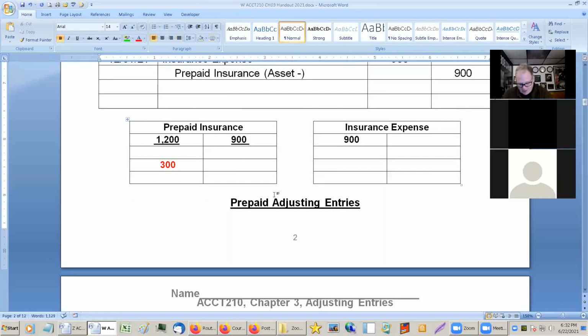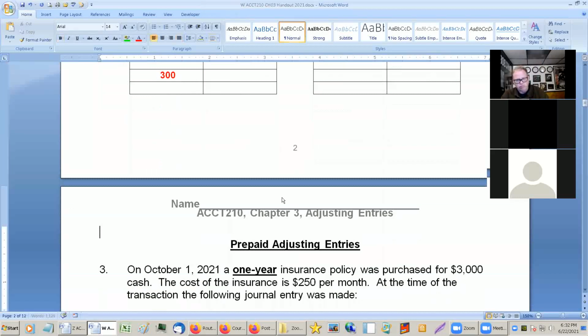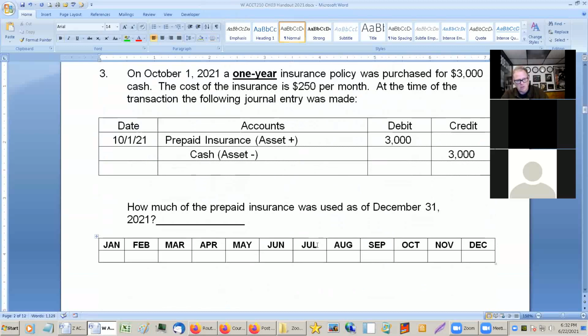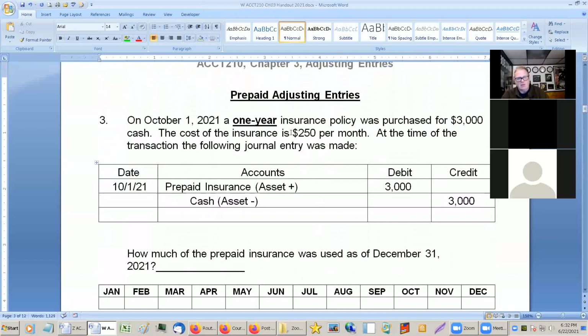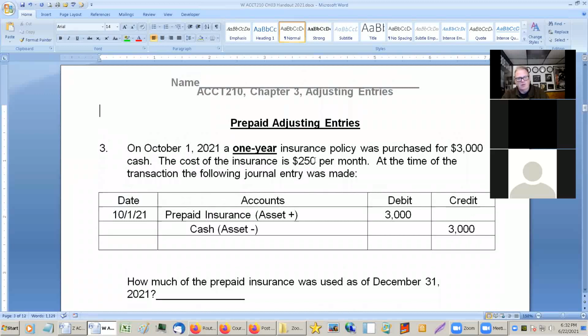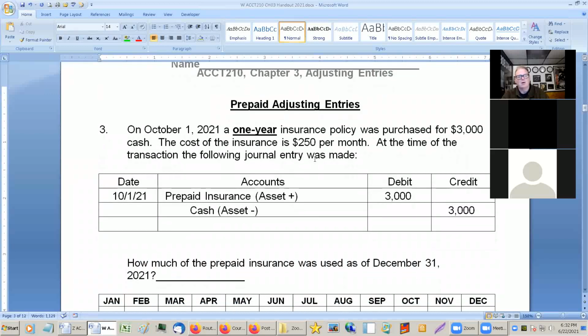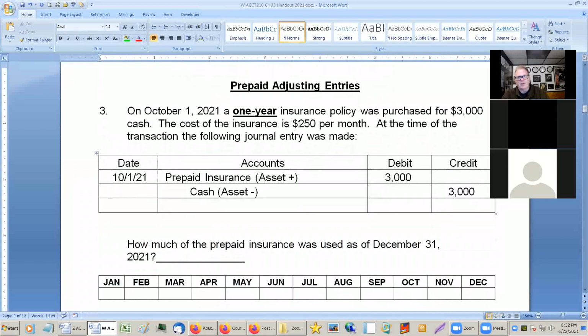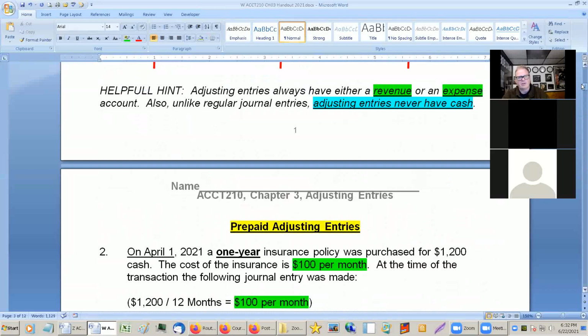Okay, this next one is a little bit trickier, in that I don't tell you how many months there are. The 250 per month is just something we did up here.